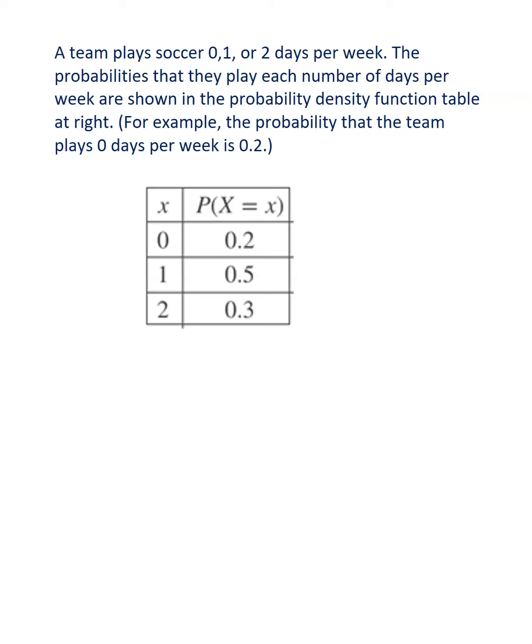Remember that x here stands for the number of days per week: 0 days, 1 day per week, 2 days per week, and p of x would be the associated probabilities. We are asked to find the mean, the expected value, of the number of days each week the team plays soccer.